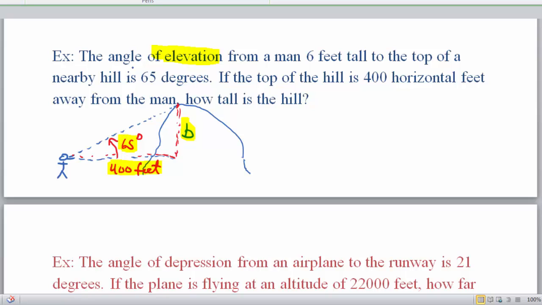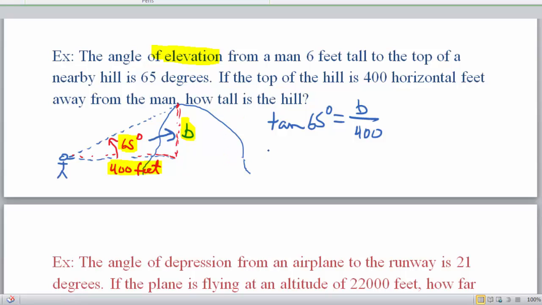So I've got the angle, the adjacent, and the opposite, which means I'm going to use tangent. The tangent of the angle, which in this case is 65 degrees, is equal to the leg opposite, which is B, over the leg adjacent, which is 400.